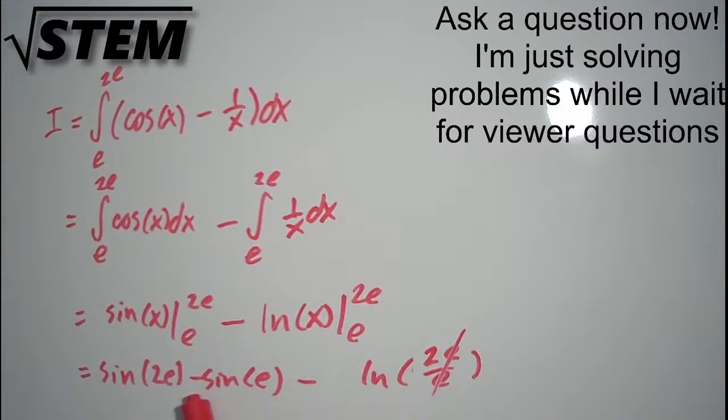Now for these sine functions of e, we could leave them like that. This is all a numeric value, but I kind of want to see if we can simplify it with the complex definitions of sine.